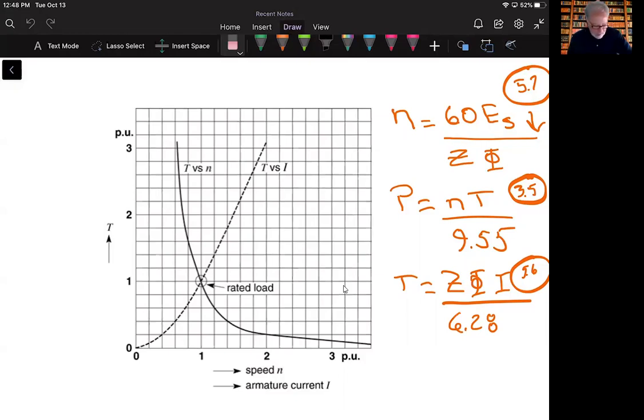So nowhere on this characteristic curve do we see anything that shows us the characteristics of this particular example. It doesn't say anything about 15 horsepower or 240 volts or 1780 RPMs or FLA of 54 amps, but we can apply this curve to this particular example if we use base units, okay?